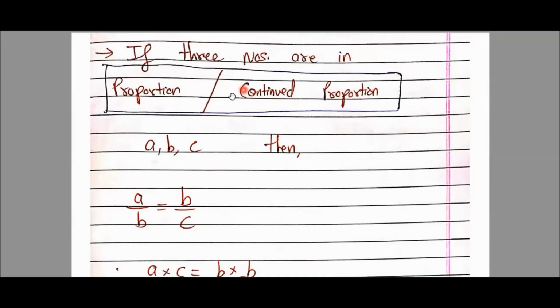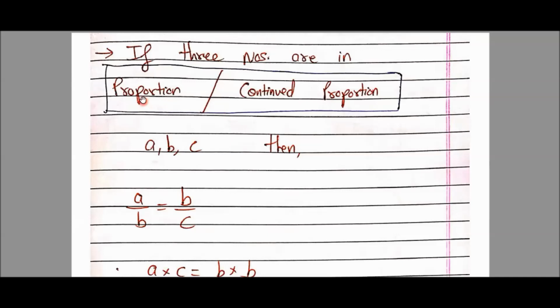Moving on to the next thing. If 3 numbers, acha, in the previous 2 cases I was telling you 4 numbers. The first case was 4 numbers in proportion. The second case was 4 numbers in continued proportion. Now I'm telling you, if 3 numbers are in proportion slash continued proportion, understand this logic. Here the word or means there is no difference. फर्क नहीं पड़ता है.